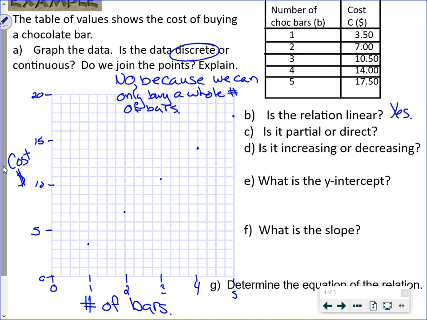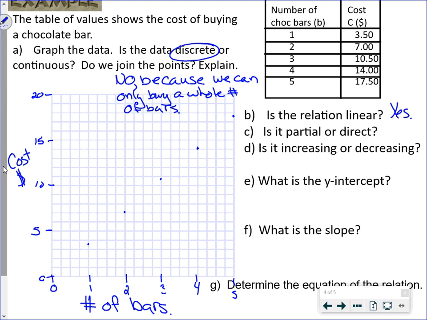Is this partial or discrete? So in order to determine if it's partial or discrete, we need to know if it goes through the origin or the point 0, 0. So it looks like, if we would have connected the points and continued our line on, it goes through the point 0, 0. But to check for sure, we can create that previous data point on our table of values.